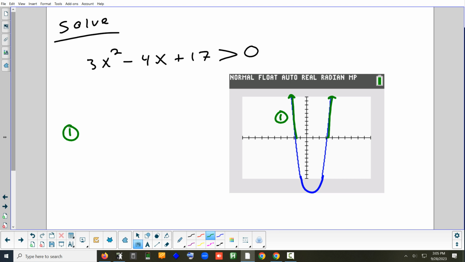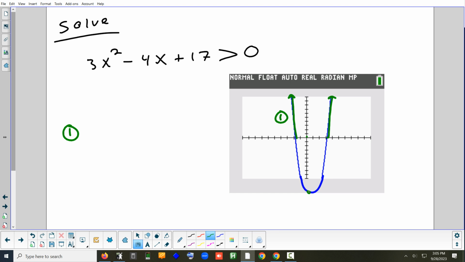If you pick 0, you're going to be right here on your graph. Okay, we'll come back to that in a second. For this question that I just asked, you don't need to do that yet. But you will.